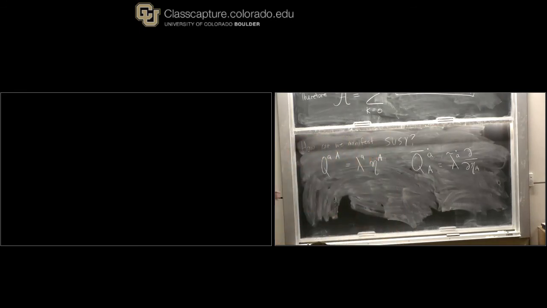You can just tell by looking at this that the anti-commutator of Q with Q bar is going to give you lambda lambda tilde, which is P. That is the supersymmetry algebra.